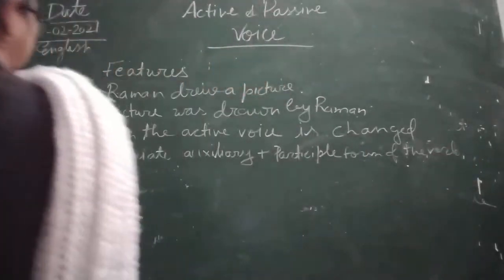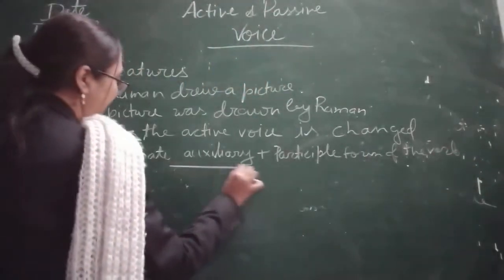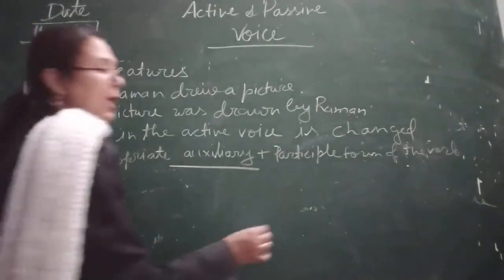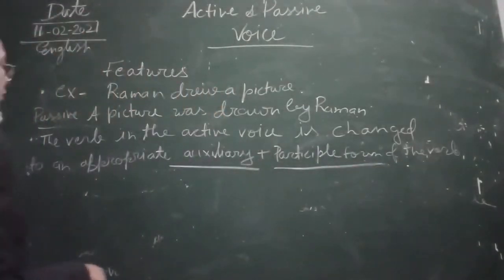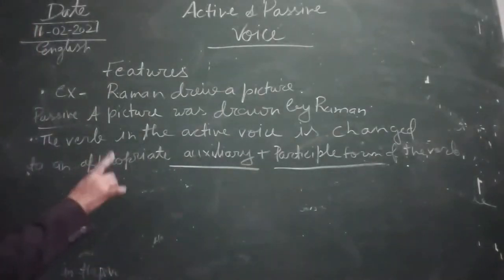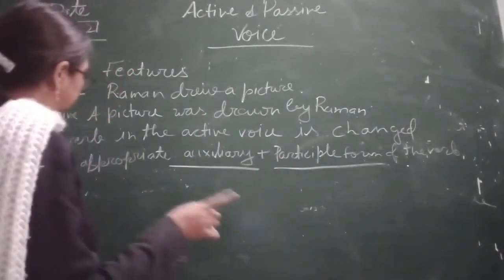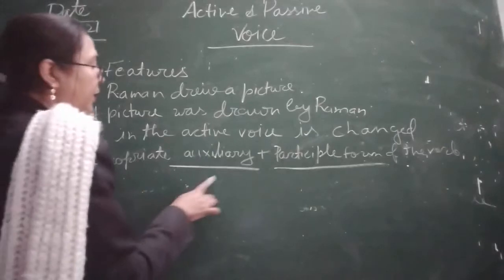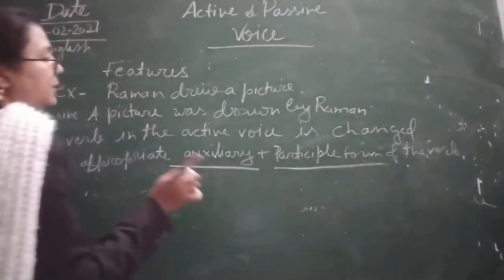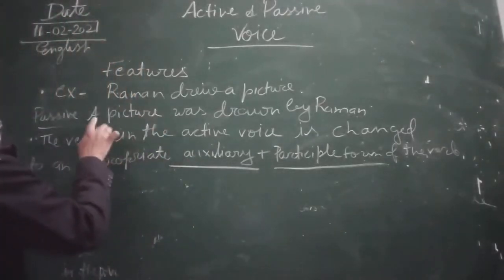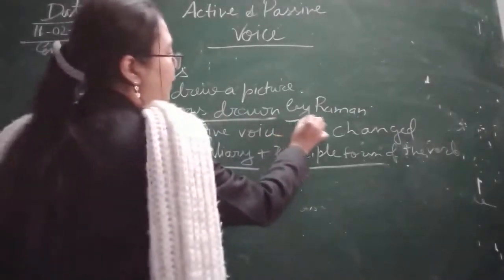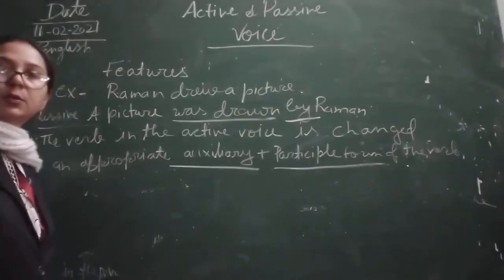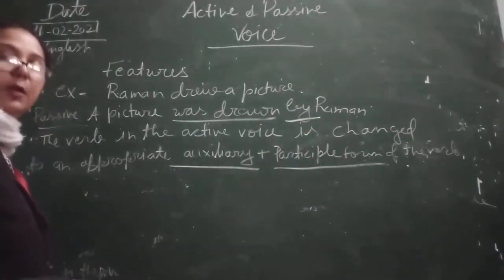Okay, children. So here, an appropriate auxiliary and the appropriate participle form of the verb. Here you can see, a picture was drawn by Raman. So the example is given over here.